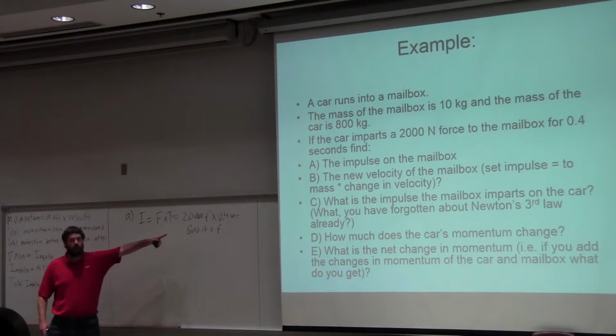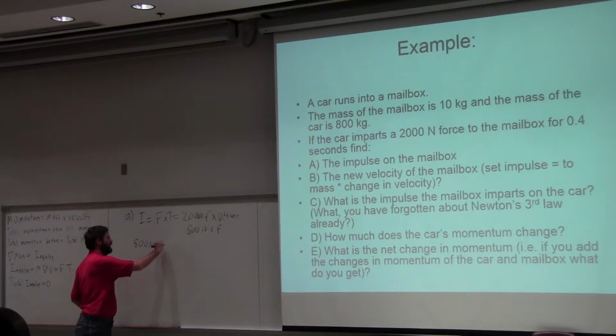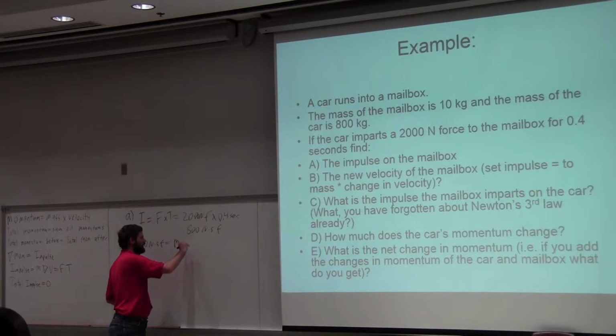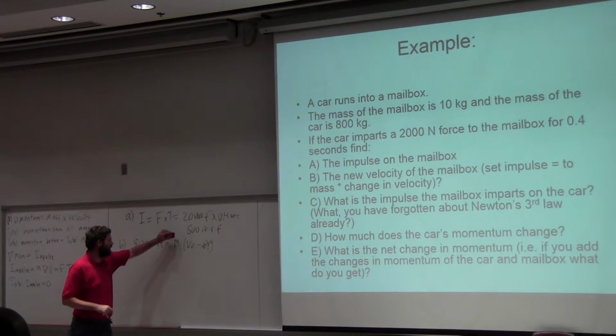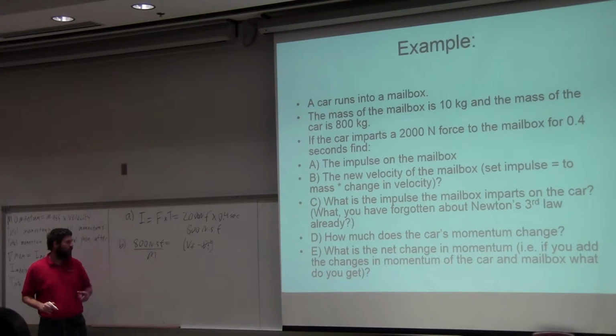We know the impulse is 800, so we know 800 equals, this is for B, mass times final velocity minus initial velocity. Now this one was 0, so the math is going to be a little bit easier. I divide both sides by the mass, and I get my final velocity.